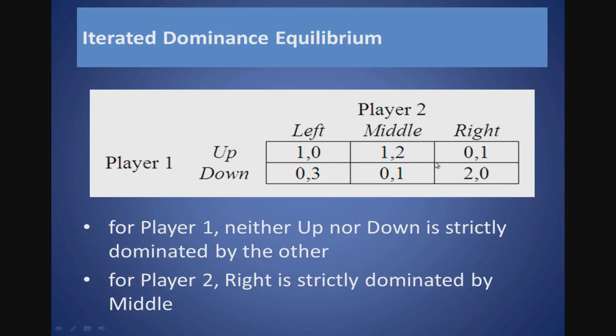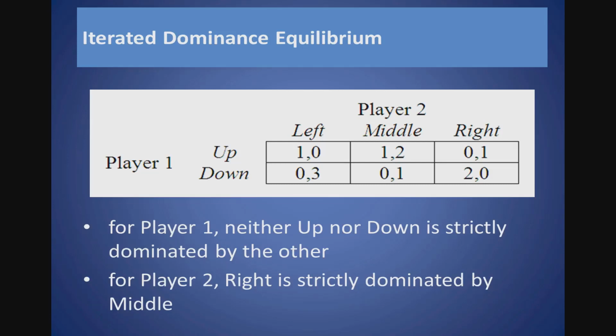Player 1 chooses up, you get 1 as opposed to 0. If player 1 chooses down, you get 0 as opposed to 1. So right always gives a lower payoff. So we can say then that right is strictly dominated by middle. And what did we say a rational player will never do?